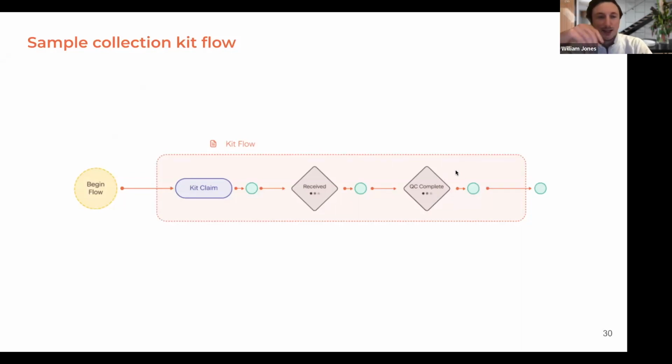This is what we mean by these awaiting steps. Within a given flow, we might not have all the information, or the participant might not have all the information that is required to complete this flow. Perhaps the labs need to receive the kit, or the QC needs to be completed, but all of these steps act independently and receive communications from whatever is required.